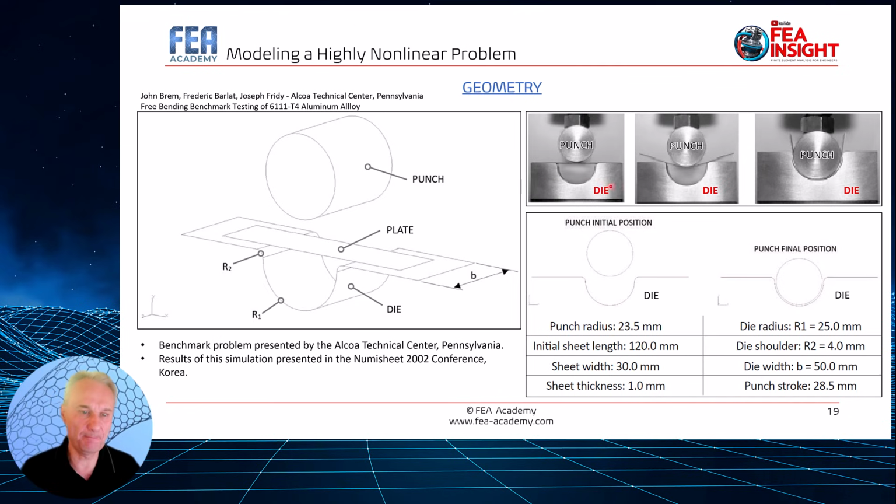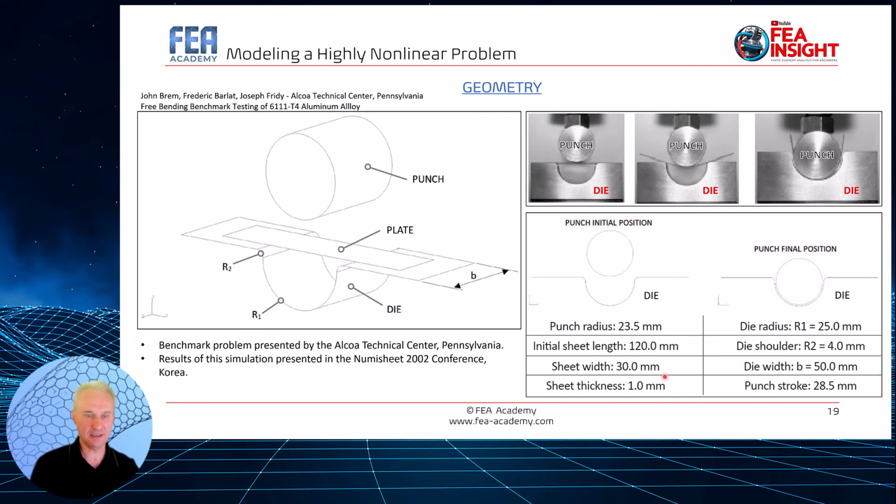The images here are showing the punch and the die. Here it's difficult to see the plate, but here you see during the forming process the plate between the punch and the die. Here is the punch at the initial position and the punch at the final position.